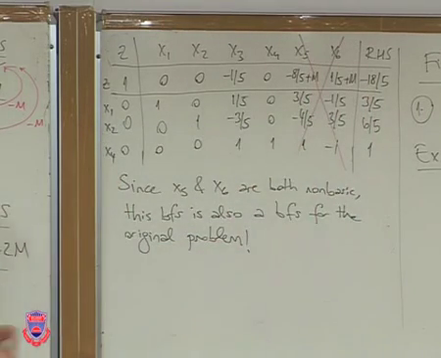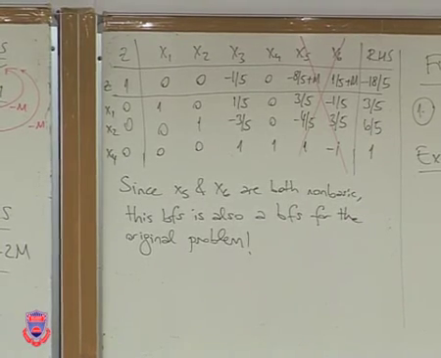So you can actually delete the columns corresponding to x5 and x6 because you know that they will never re-enter the basis again. Okay? And that's the reason why we picked big coefficients for x5 and x6 in the objective function. Okay? So increasing them will never help us. Okay? So as a result, I can simply get rid of x5 and x6, and I can continue with the original variables now. Okay, I have only x1 through x4.